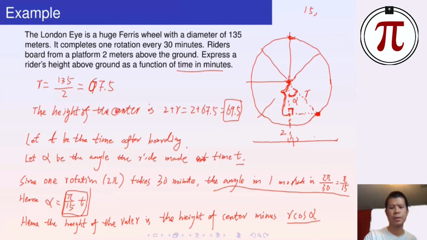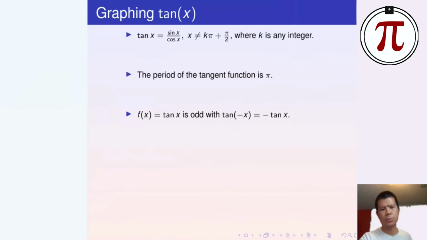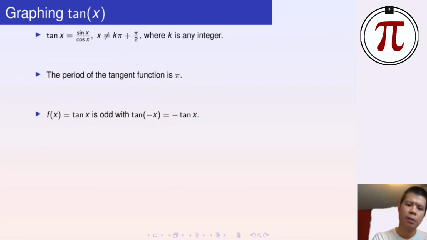Okay, now we're going to move on to section 2.2, graphs of other trigonometric functions. Let's do graphing of tangent x. As we know, tangent x equals sine over cosine. Since the cosine is at the bottom, cosine cannot be 0.